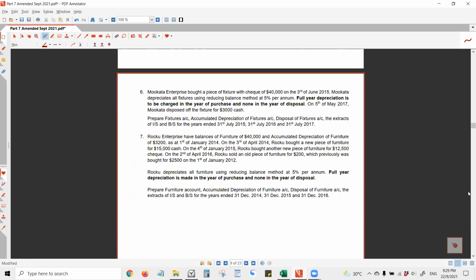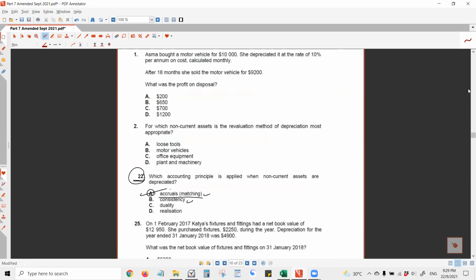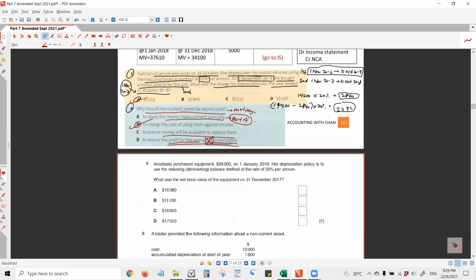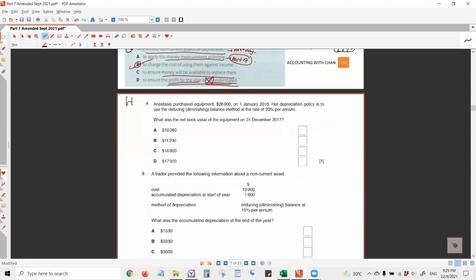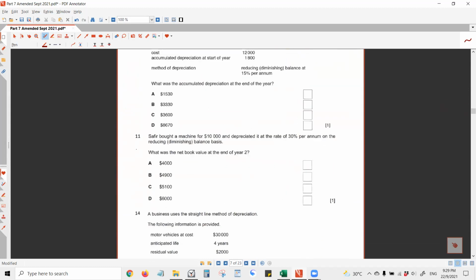And now let's see other questions. Let me put here homework: question 4, question 8, question 11, question 14. If you think that you have issues in this subject right now, better to do corrective actions right now.